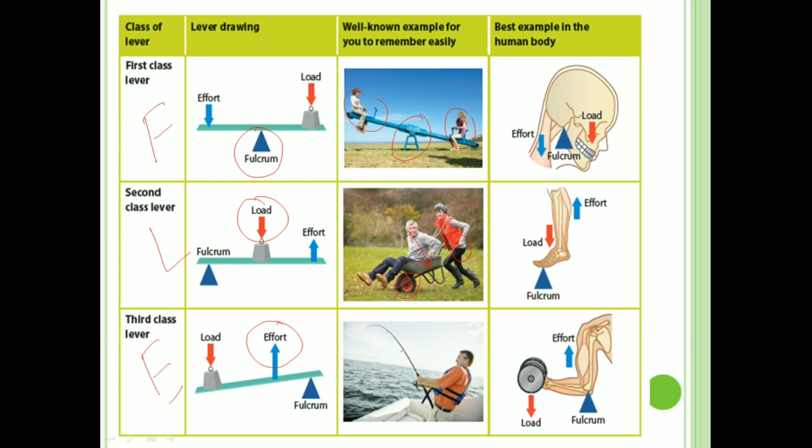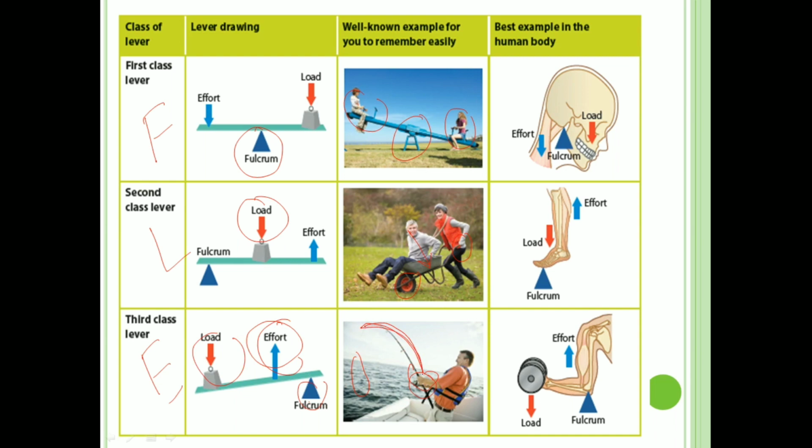In third order lever, if you see the fishing rod. So when the person is holding the fishing rod, that part is considered as fulcrum. Same you can coincide with this image. See fulcrum, fulcrum. Now load, the fish which the person is going to catch, that will be the load, and effort is going to be applied by the rod, this part.